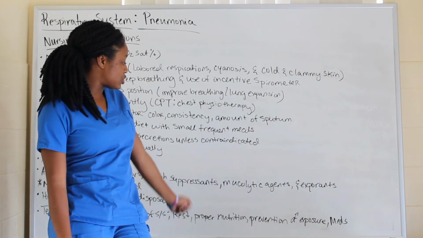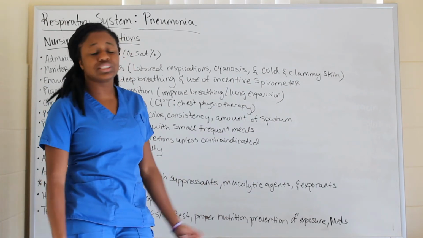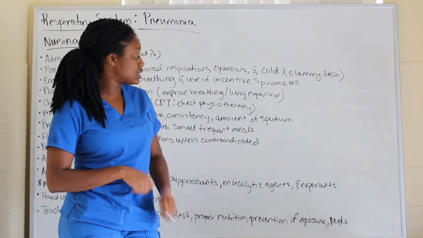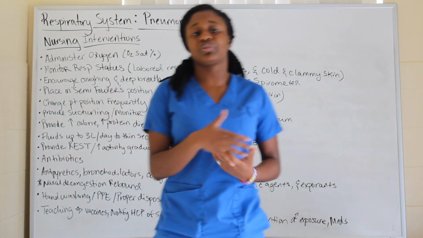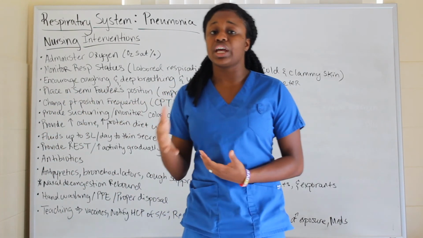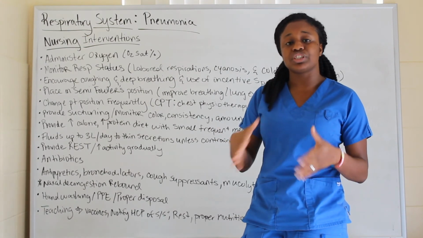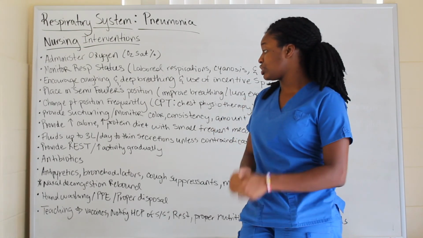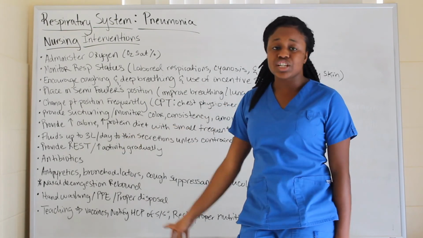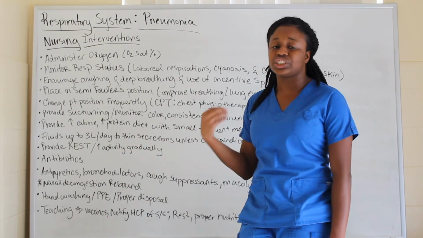You also have your cough suppressants, your mucolytic agents, right, to help decrease the mucus, and then your expectorants, okay, which is pretty much your expirations, your secretions. Another thing, and I put that in an asterisk, is your nasal decongestant rebound.